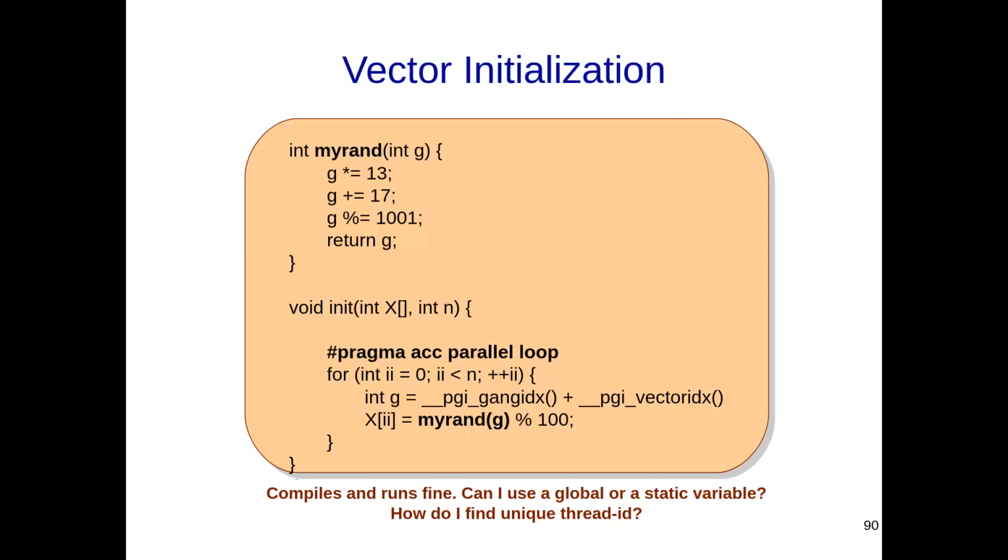If the regular static variables are not allowed on the GPU, so let's say we have something like a class rand, and inside that we have some static variable, some G0, okay? Correct. And right after void init, before doing a pragma ACC parallel loop, we declare an object of that class, and inside the loop we call that object.myrand. Sure.